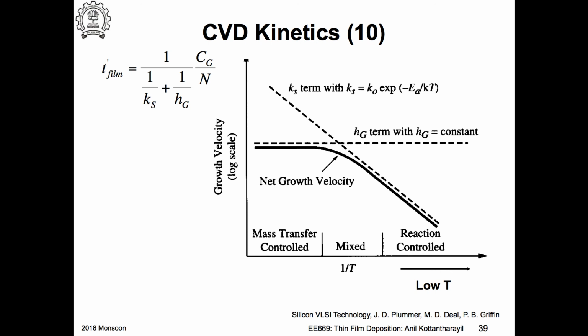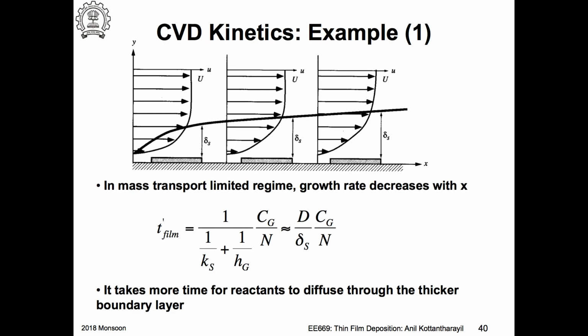Now, how do I solve this problem? What we are saying is that mass transport can become a limiting factor. If you do the process at high temperature, the reaction is very fast, but you are not able to supply the reactants at a rate exceeding the reaction rate.